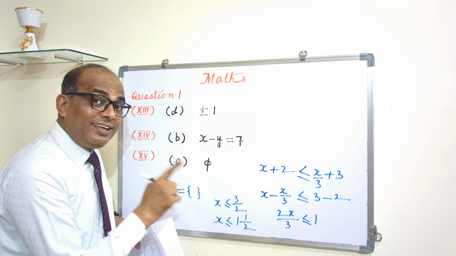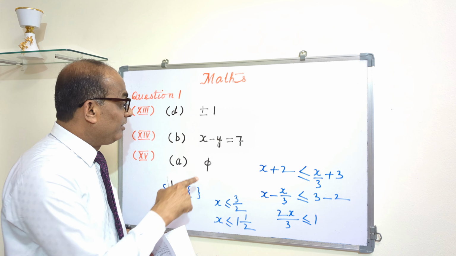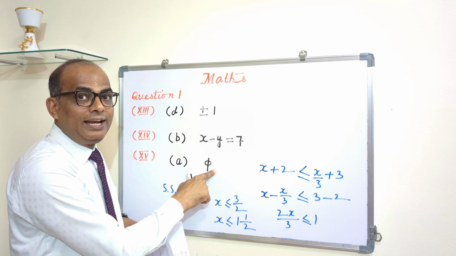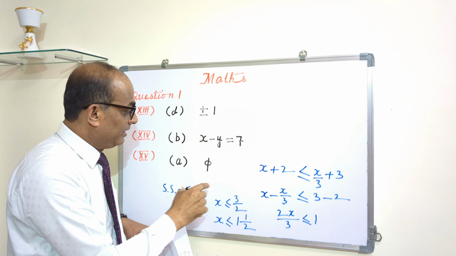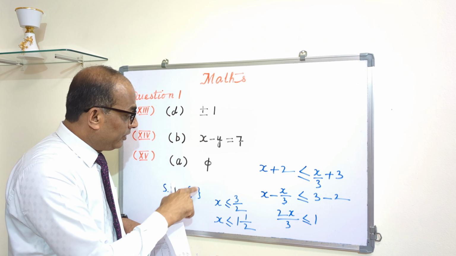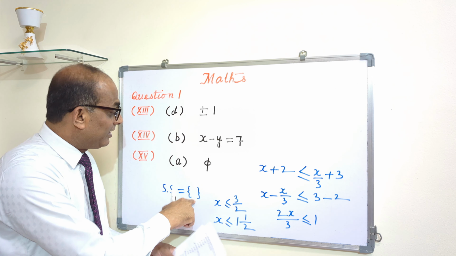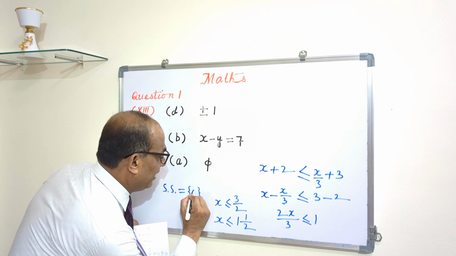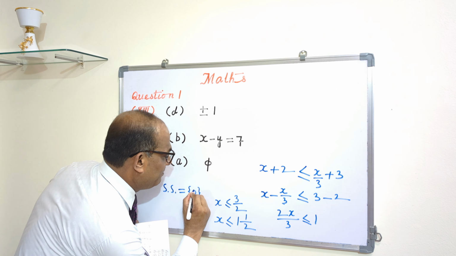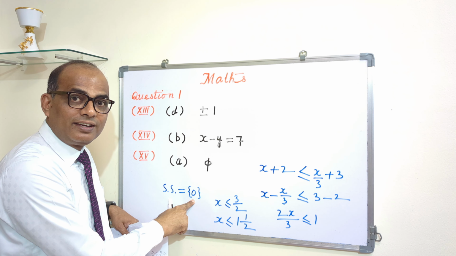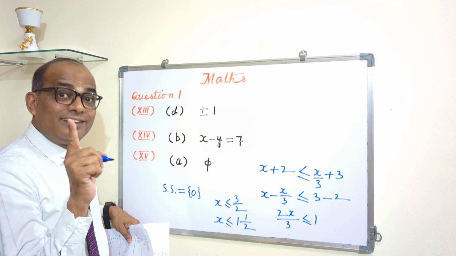But in the option, they have given 5. So either you write down like this or you write down 5. This is not given. This is given, but 0 is there. If you write 0 here, then there is one element 0. It's not a null set, whereas ours is a null set.